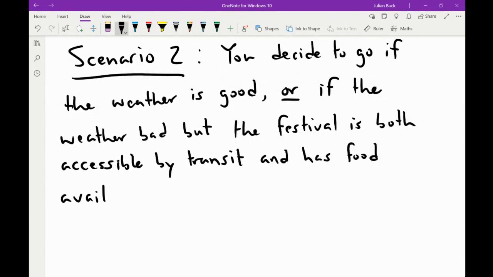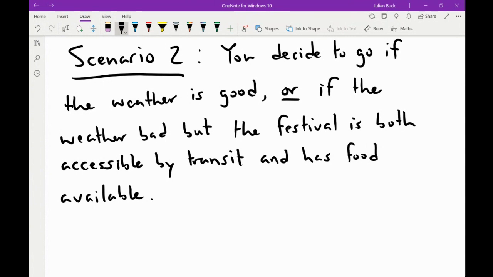Okay, so the idea is now your preference set is a little bit more relaxed. You'll still go as long as the weather's good, but if it's not good, you're willing to go so long as the other two factors are satisfied.